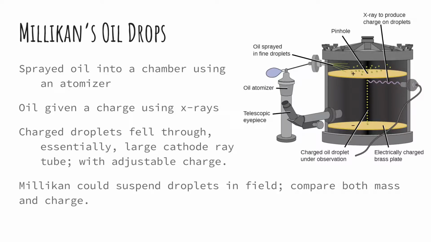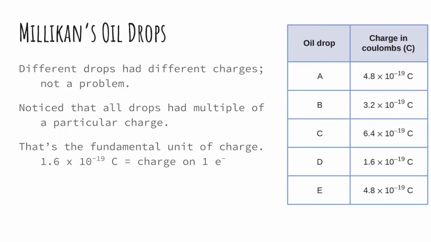So he found both the mass and the charge of the electron. Different drops had different charges, not a problem. Because when you look on the right, for example, those charges are all a multiple of a particular charge: 1.6 times 10 to the negative 19th coulombs.